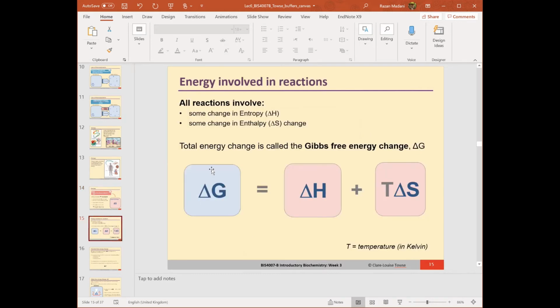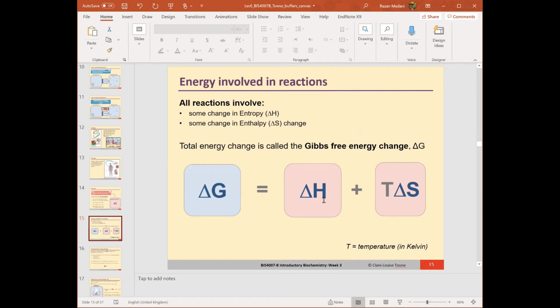So here we have the Gibbs free energy change. I would like you to write this one down because it's one of those really important equations, and sometimes you have to work out each part separately. Sometimes they will give you delta G and you have to work out, for example, the temperature, or work out delta S from something and delta H from something else.